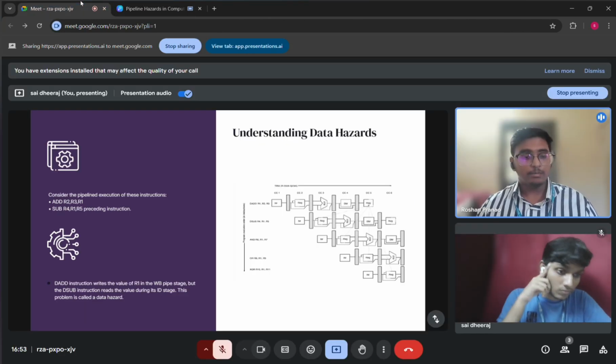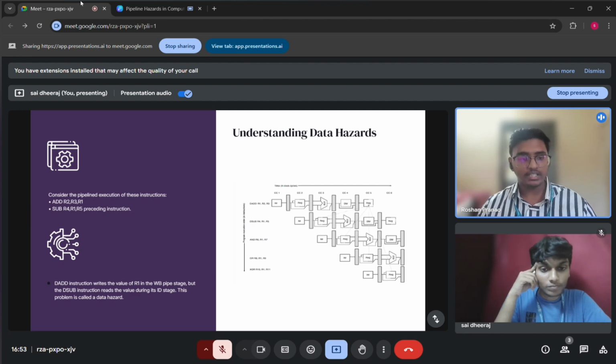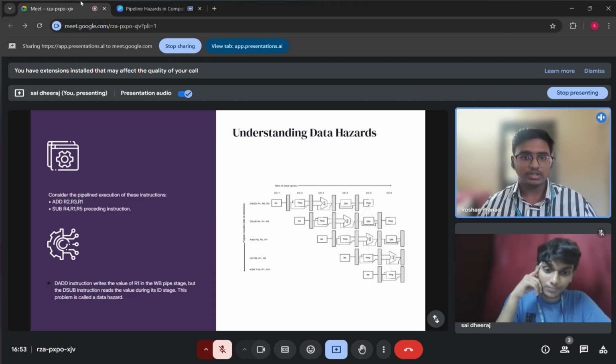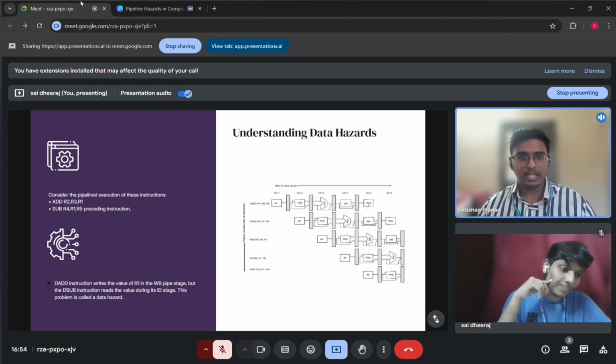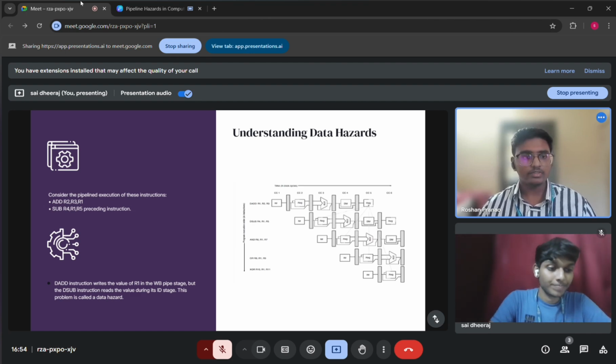Consider a pipeline execution of these instructions, like DADD R2, R3, R1 followed by DSUB R4, R1, R5. A DADD instruction is a double word add, a MIPS assembly language instruction used to add two double word integers.